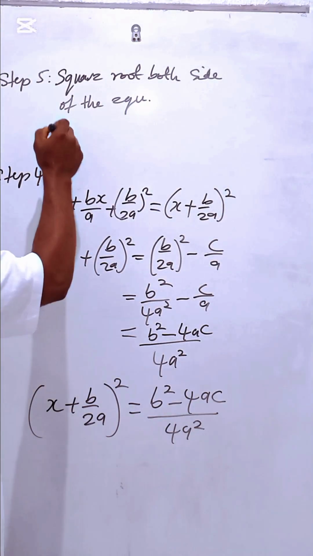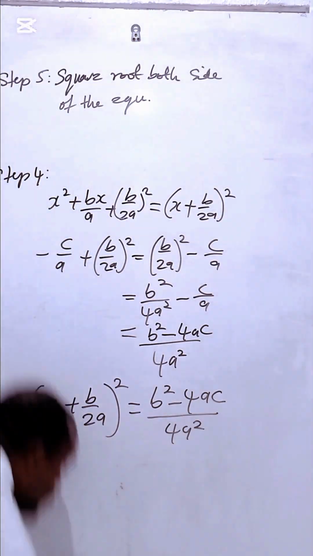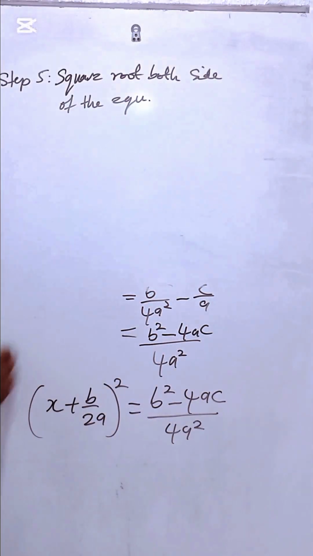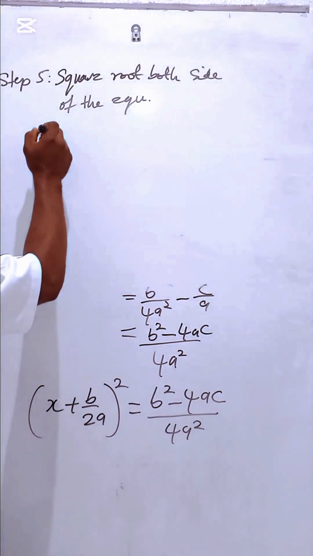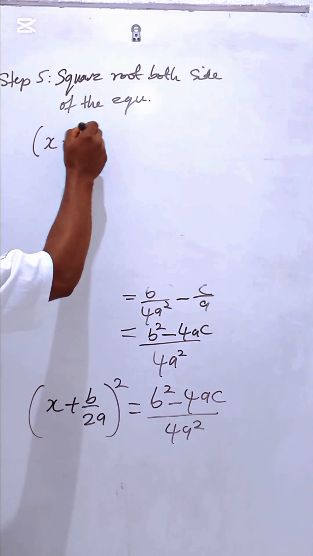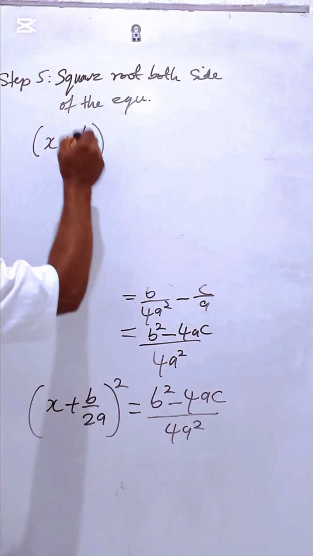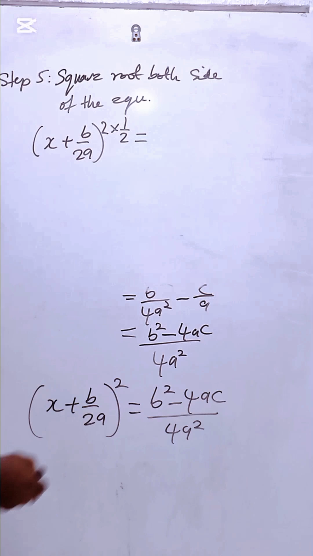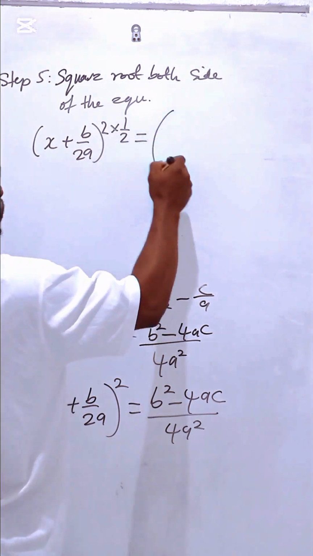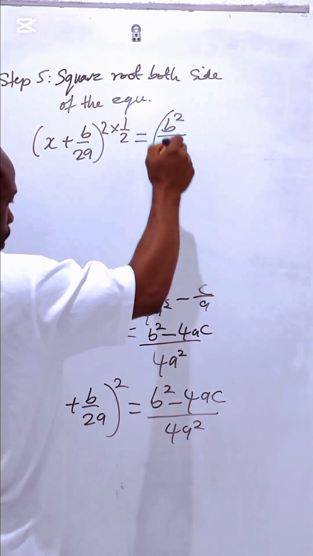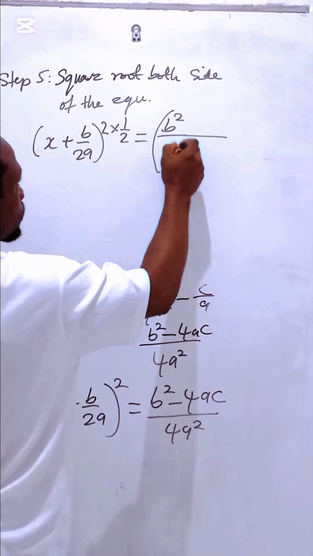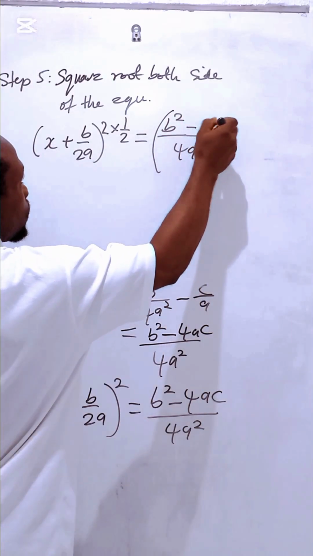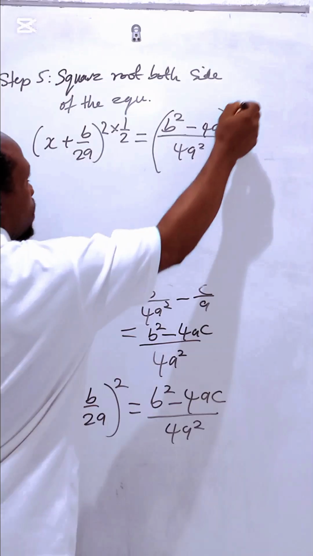So this becomes x plus b over 2a, raised to the power 2 times 1 over 2, is equal to b squared minus 4ac over 4a squared, raised to the power 1 over 2.